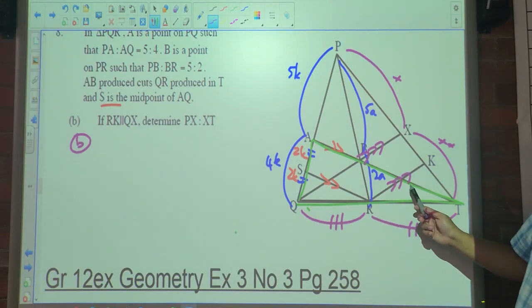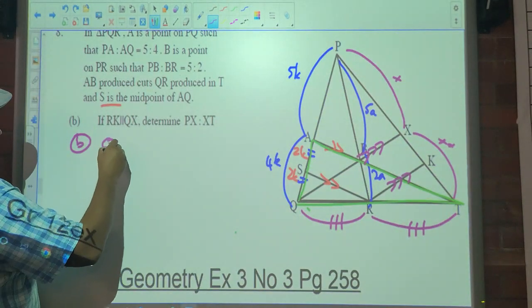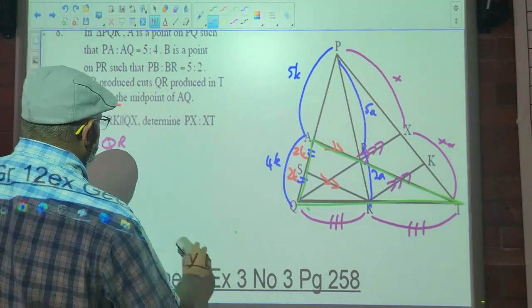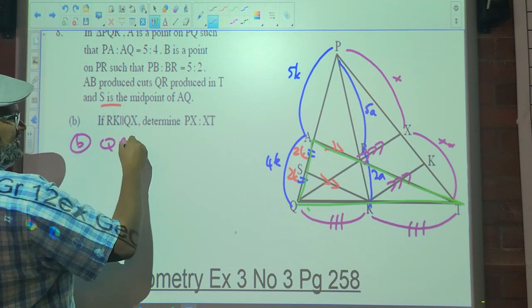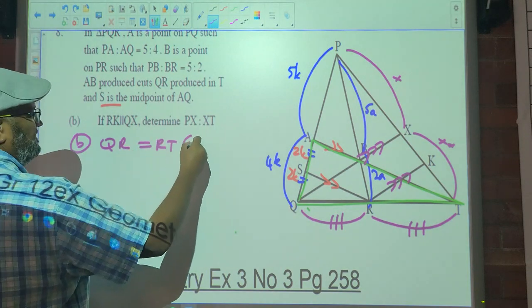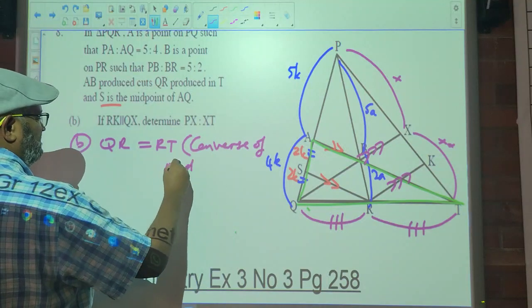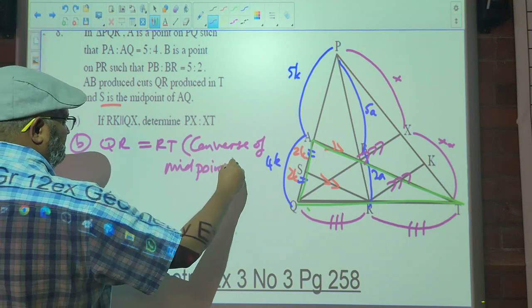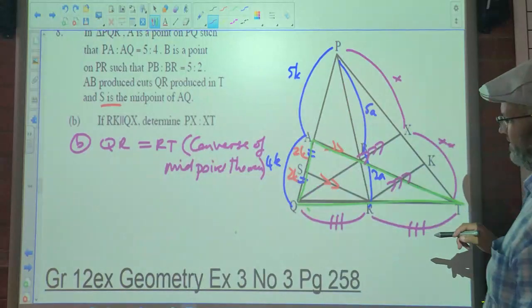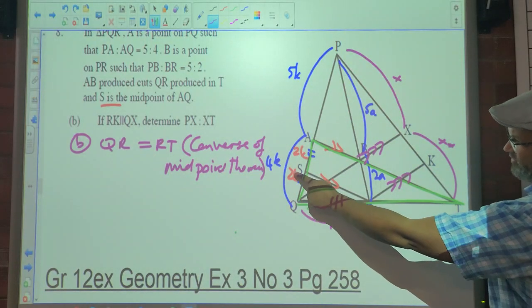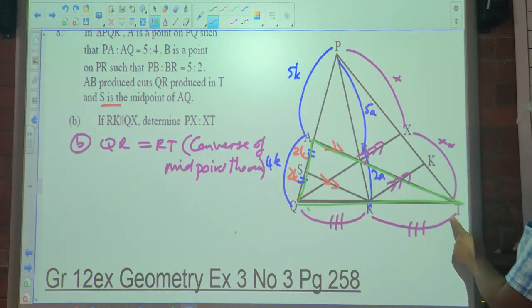Because of the converse of the midpoint theorem. You remember now that QS is equal to SA, so QR is equal to RT.